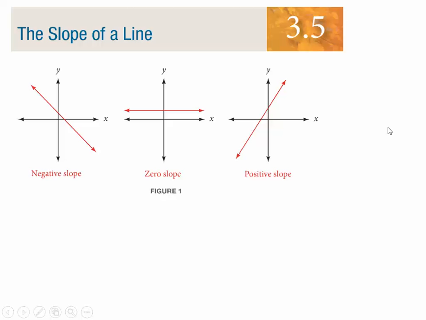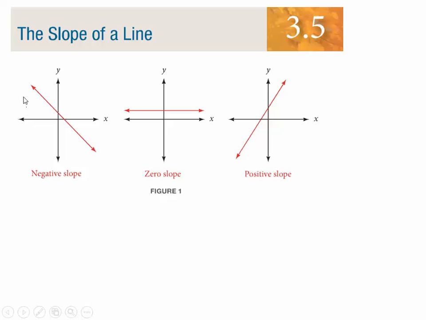What in the world is slope? Alright, slope of a line. And we can have negative slope.